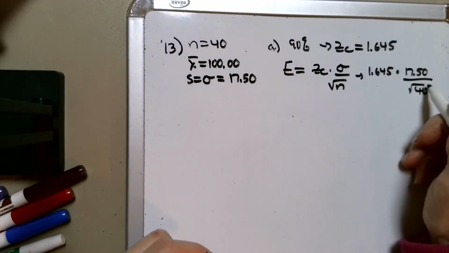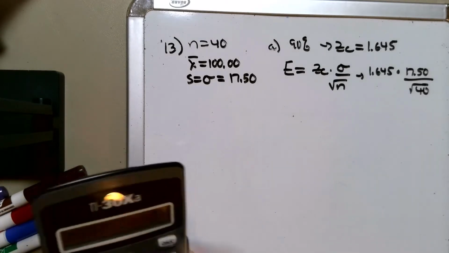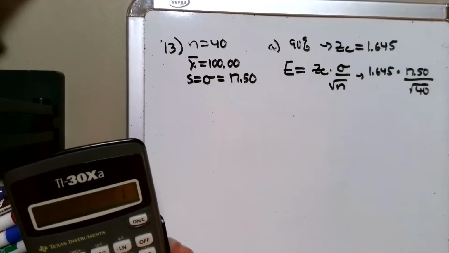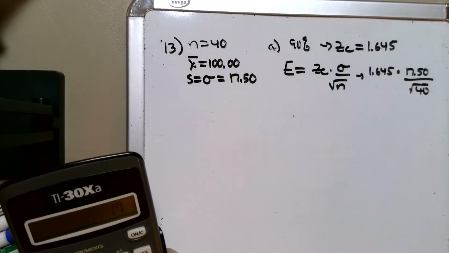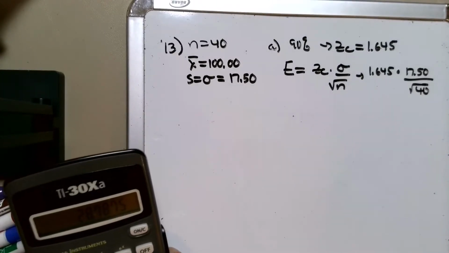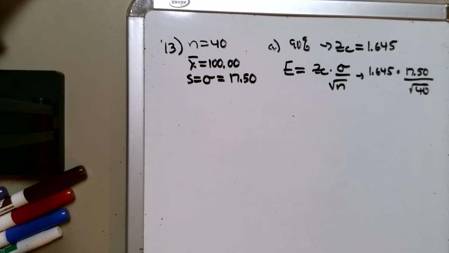If you're having trouble with square roots in your calculator, take the square root of 40, which is about 6.32455, write that down, and then do the calculation. If you're not having too much trouble, you can just multiply straight across. 1.645 times $17.50 divided by the square root of 40 equals, you get 4.551.